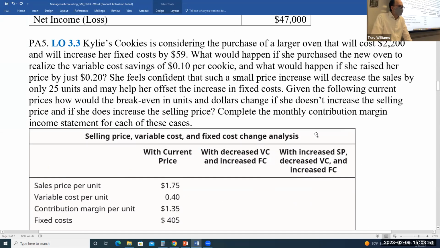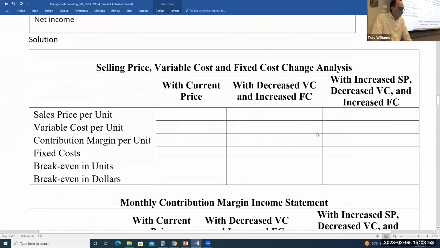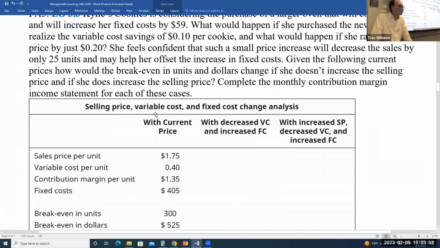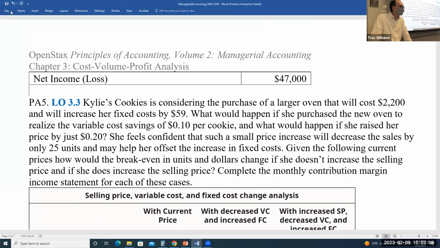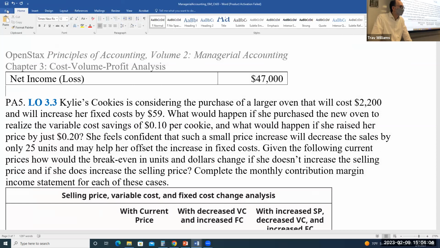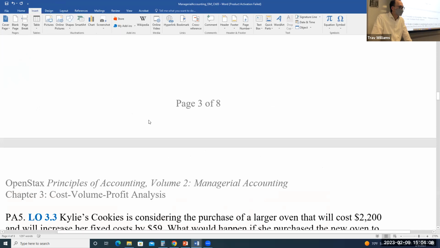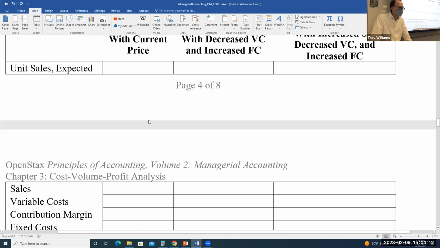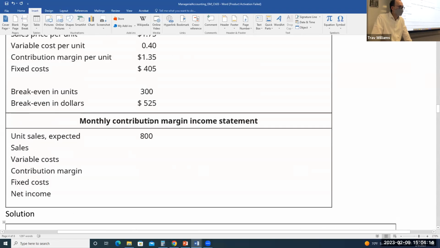So 5. Okay. I'm not sure, but I'm going to see if I could fit this on a page here. Okay, well, at least part of it's on one page.